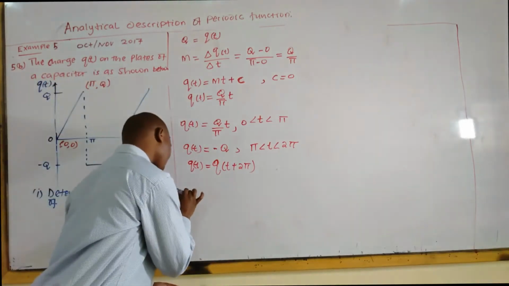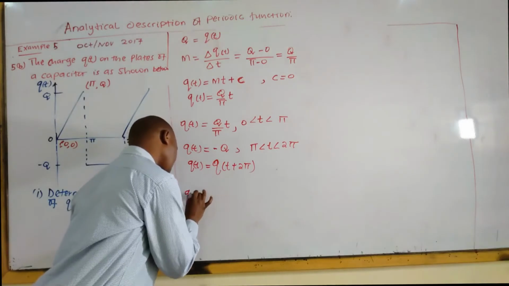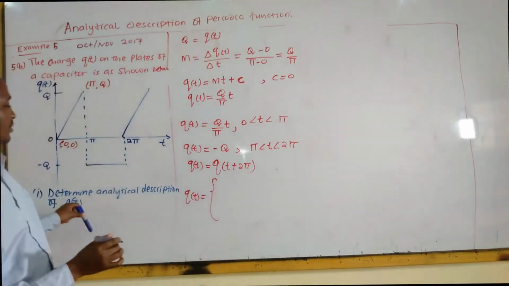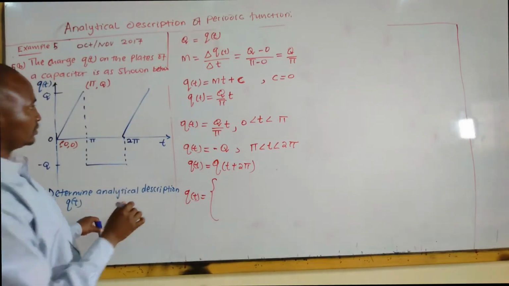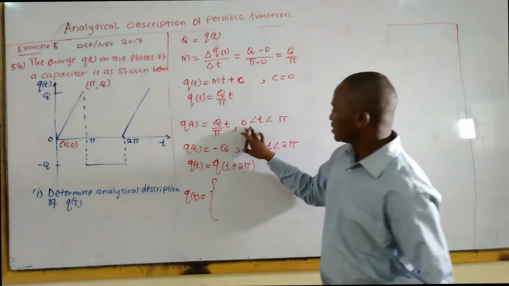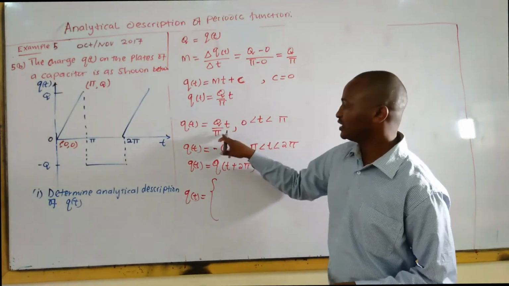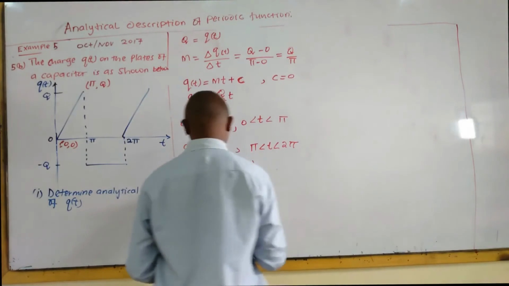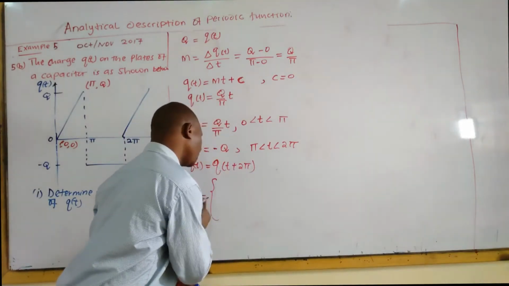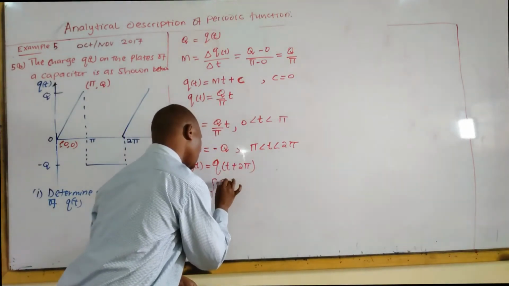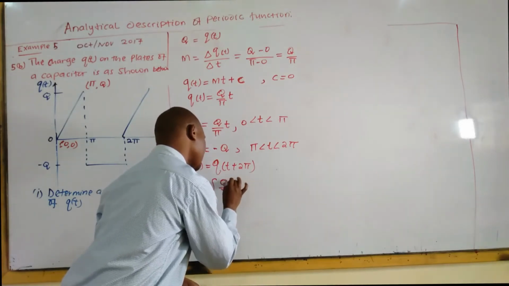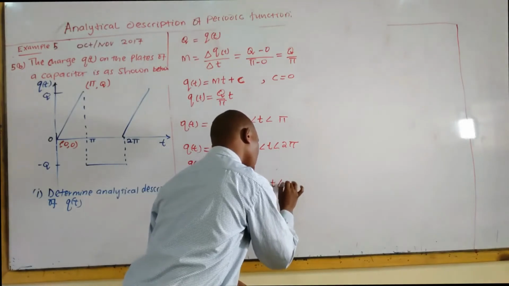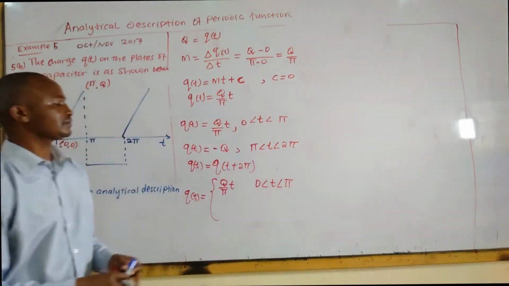Now let us summarize that information. Q of t is equal to Q all over pi times t for t lies between 0 and pi.